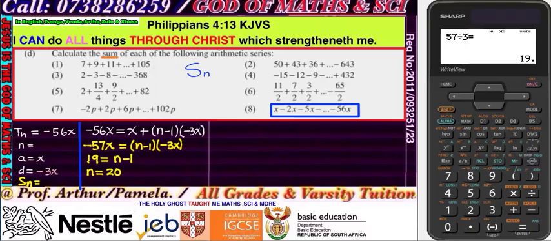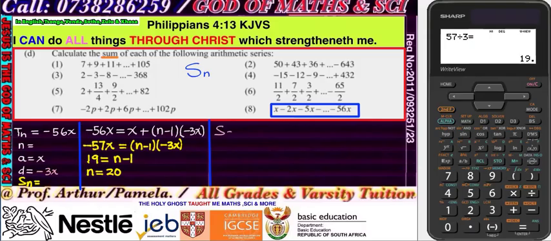There we go, we're good. So now I've got the number of terms. Now I can use that to get the sum of the first 20 terms of this series. So I'm going to use that short formula.